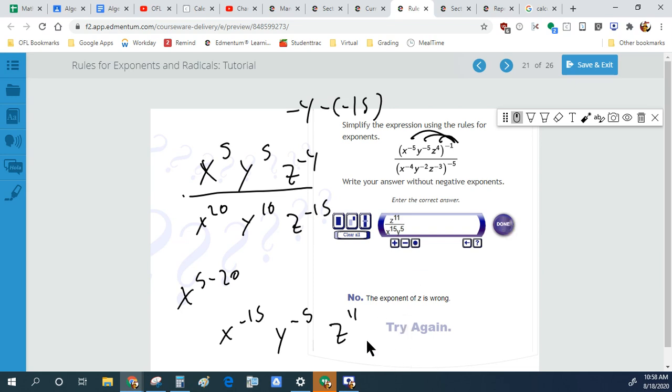What is wrong with you? X to the 11, negative, negative. Yeah, that's 11. The exponent for z is wrong. -4. Oh, it's a positive. I don't know why I put a negative there. I'm so sorry, guys. So this becomes 19.